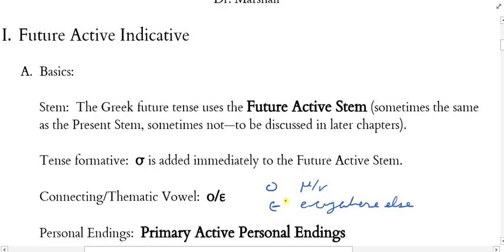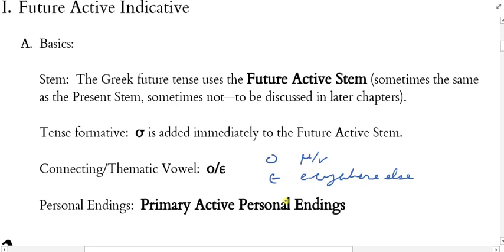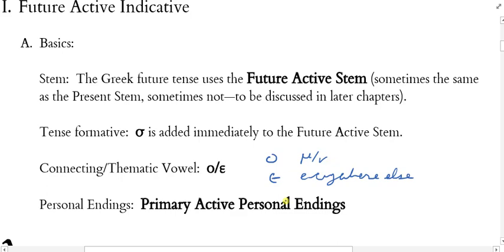And then our personal endings are going to be the primary endings, because what we're dealing with here are verb forms that are what we call unaugmented. If you've looked at the master verb chart, there is a place to write augments down, and we haven't met one of those tenses yet, because the present tense and the future tense are unaugmented tenses.